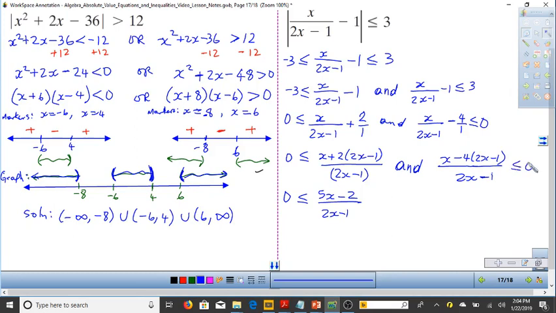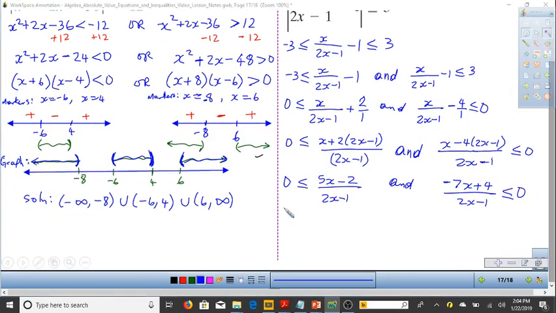So we're saying here that x minus 8x is -7x plus 4 over 2x minus 1 is less than or equal to 0. My marker for the numerator is x equal to 2/5, and that will use a bracket because it's a greater than or equal to, and my denominator marker is x equal to 1/2, and that's a parenthesis because that's in the denominator.